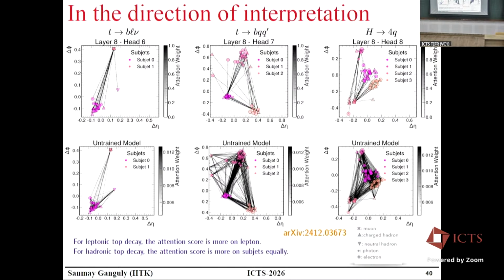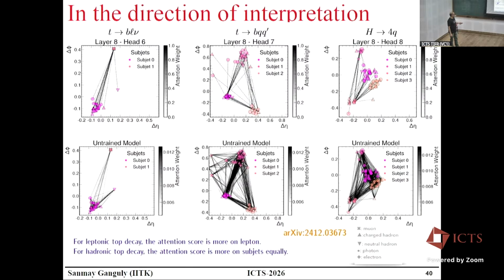People are trying to do interpretable neural networks, which is still not at a mature stage. Take a trained transformer, and people try to see at different layers what kind of connections the transformer learns.